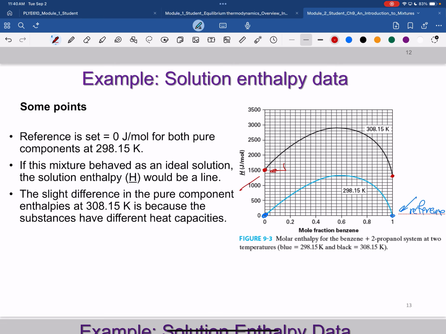Based on our notation that we have adopted in this example, this is H2, this is H1, right? Because benzene, we said, is component 1. Are you comfortable with how to read this graph? And whenever you are in the middle of these two borders, you are in the mixture. So that's the mole fraction of component 1. Okay.